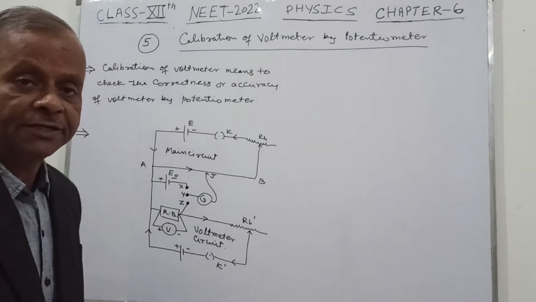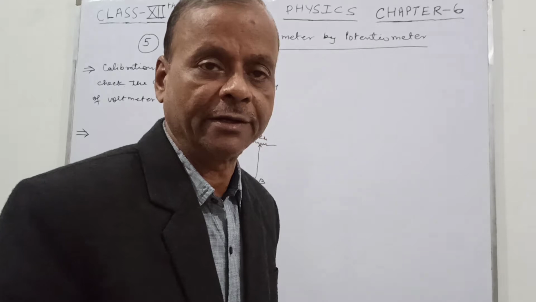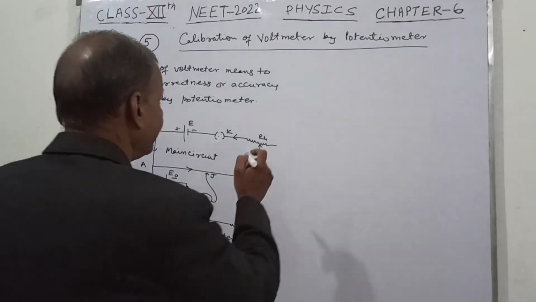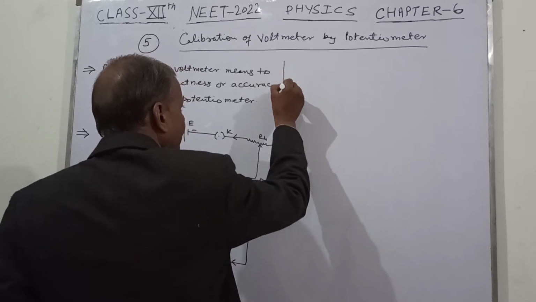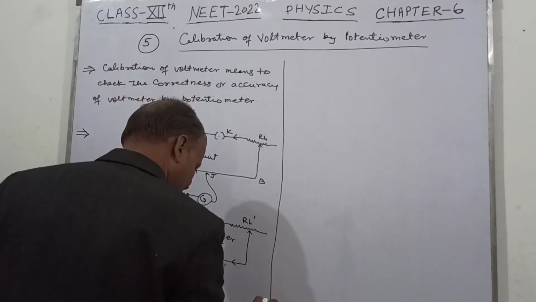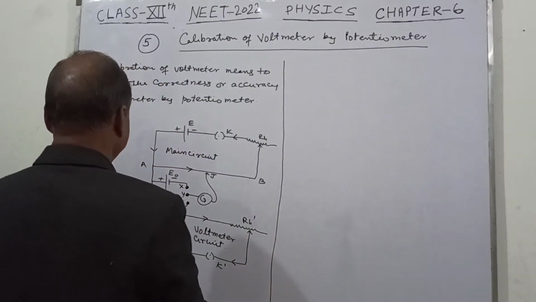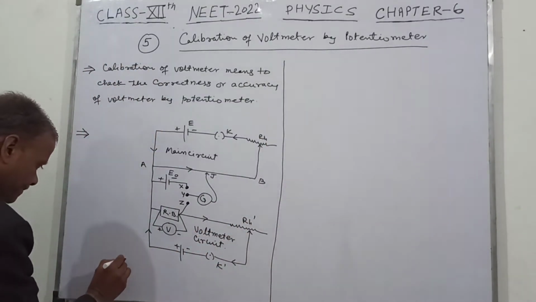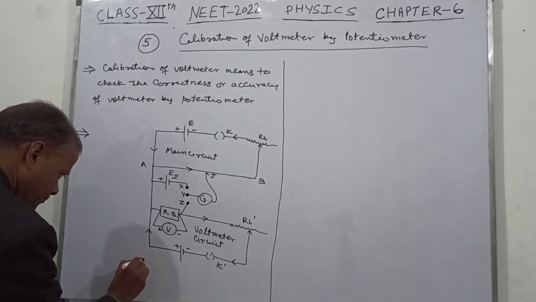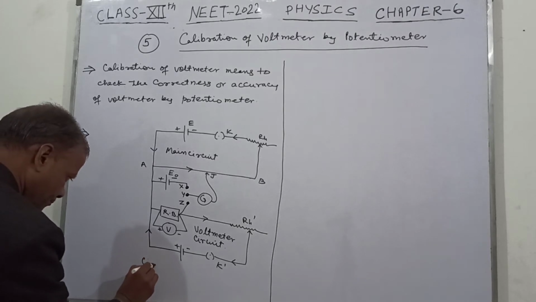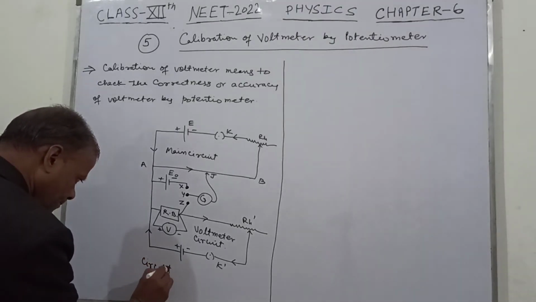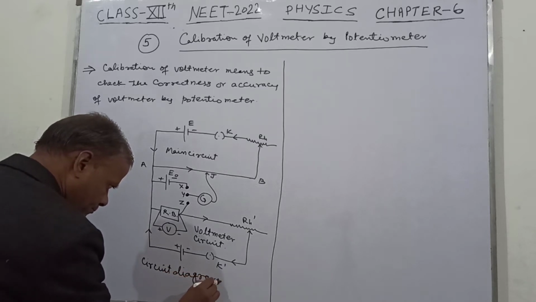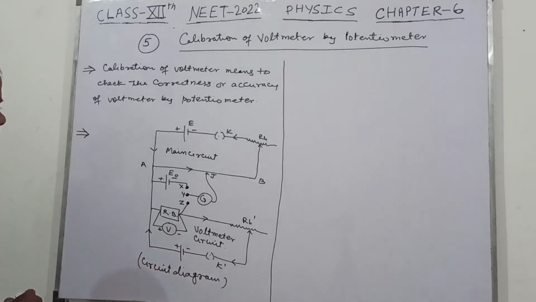So first the current is passed in the potentiometer wire AB from the main circuit. This is the circuit diagram.